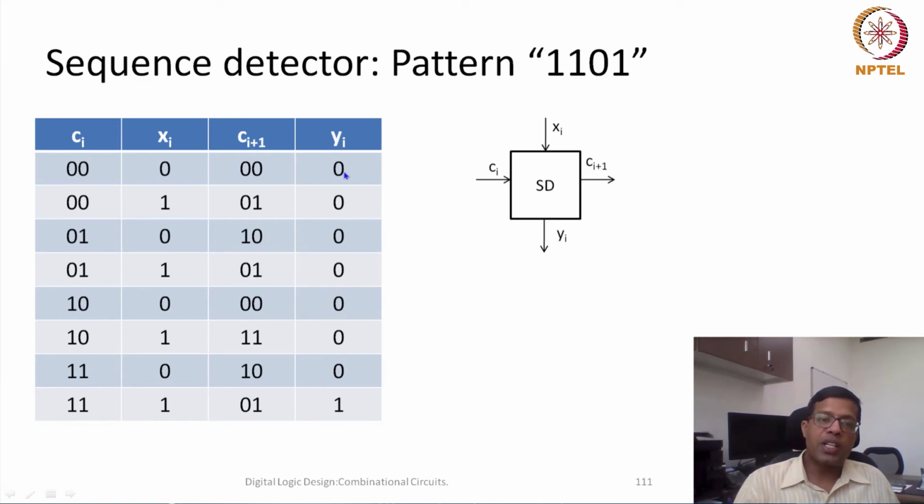We can write 3 K-maps, one for the 0th bit of Ci plus 1, another for the first bit of Ci plus 1, and another for yi.